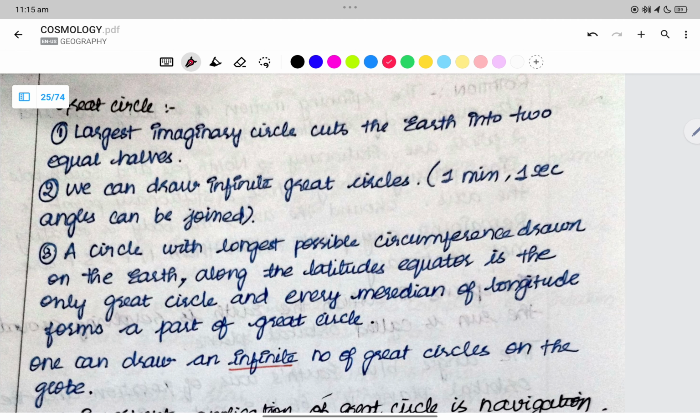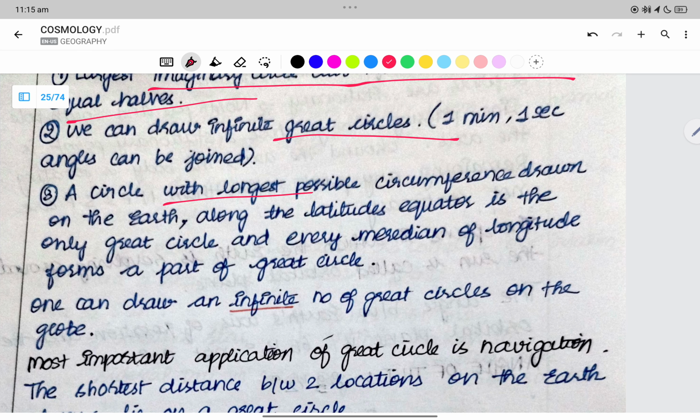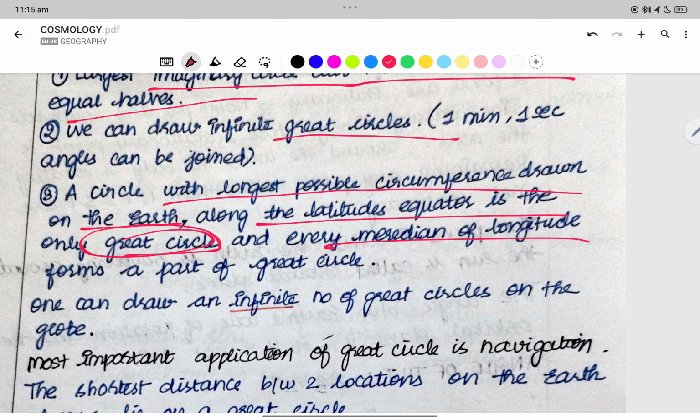Great circle: the largest imaginary circle, which cuts the earth into two halves, is what the great circle is. We can draw infinite great circles. A circle with the longest possible circumference drawn on the earth along the equator is the only great circle among the latitudes. And every meridian of longitude forms part of a great circle.